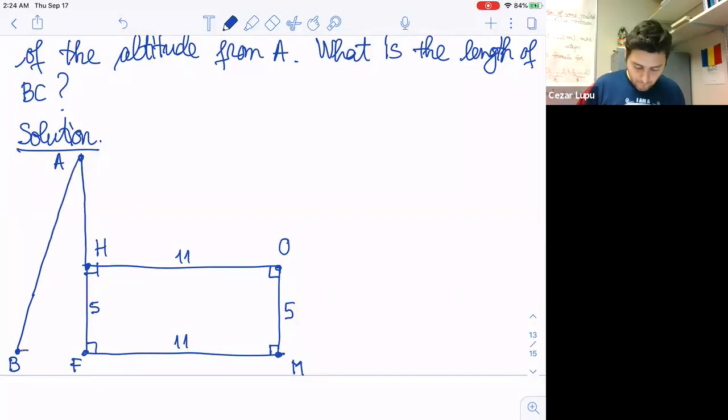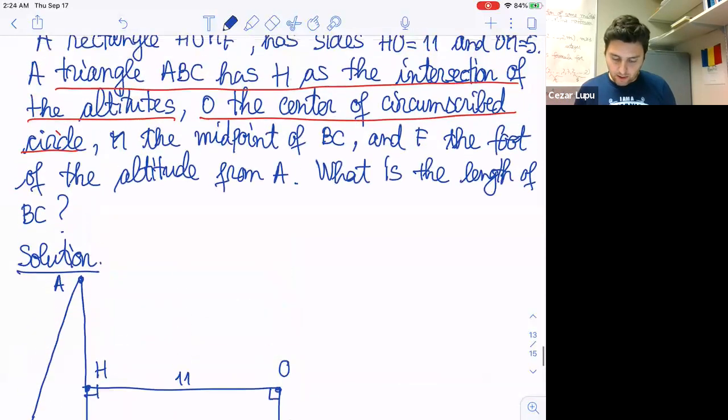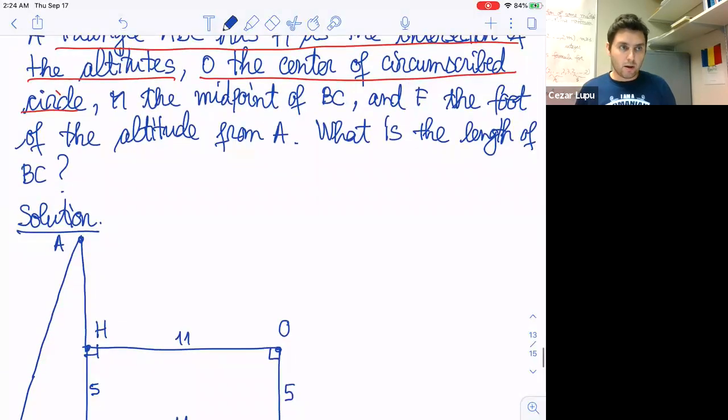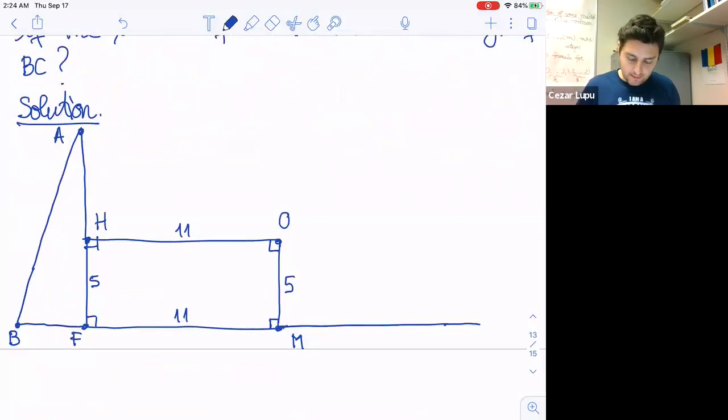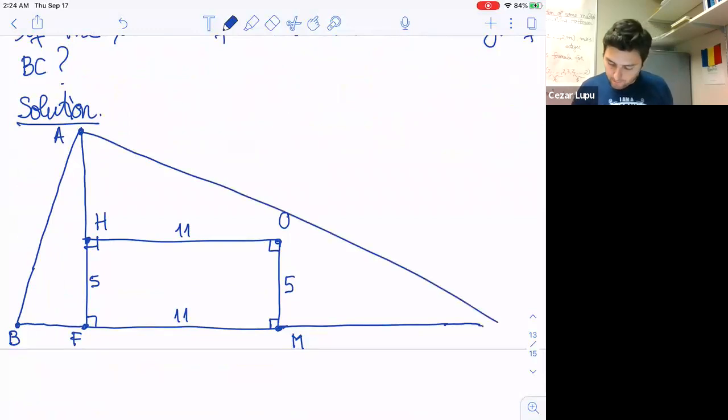Now I have a triangle ABC, H is the orthocenter, and O is the circumcenter. Let me draw it like this. This is my point C. This is how it will look. So this is O here. So this is the triangle ABC. Great.